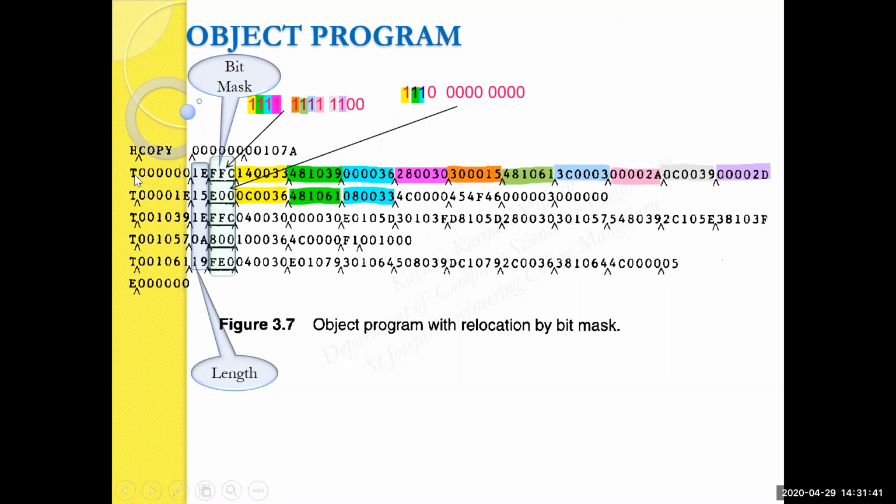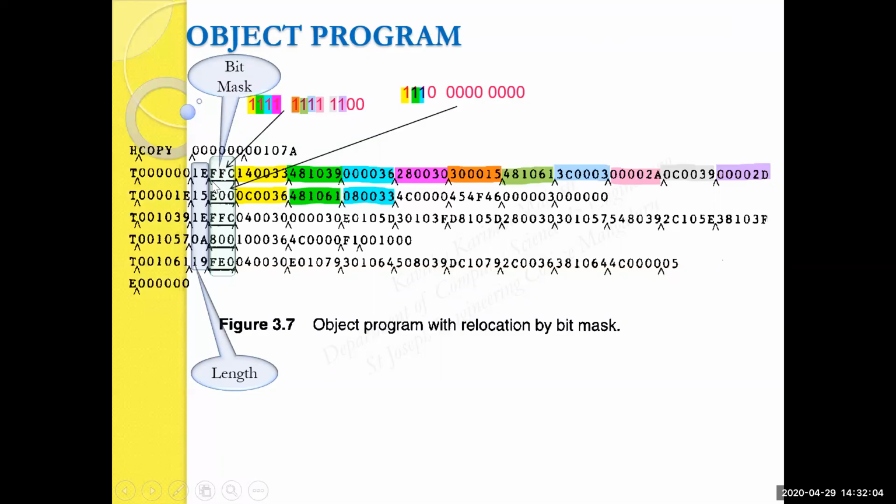Each time a record type is T, the relocating loader fetches the length as well as the bit mask, and for each instruction placed in the current text record, it examines the relocation bit gathered in the bit mask.